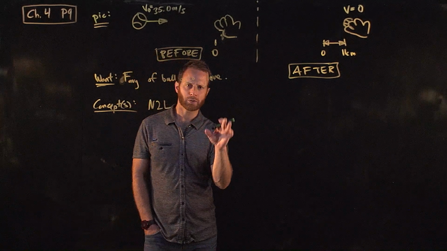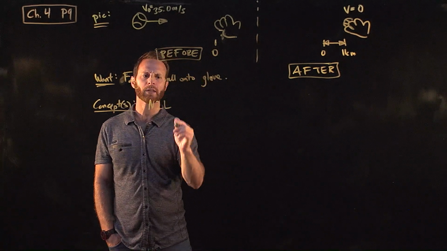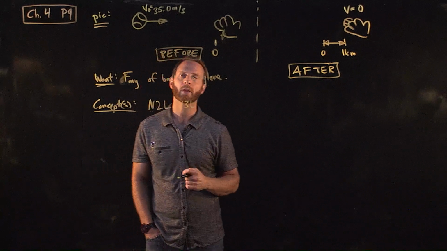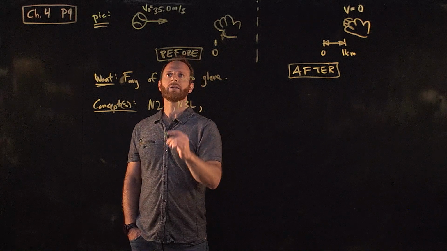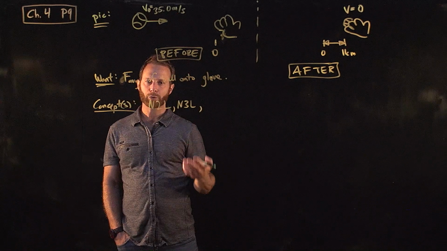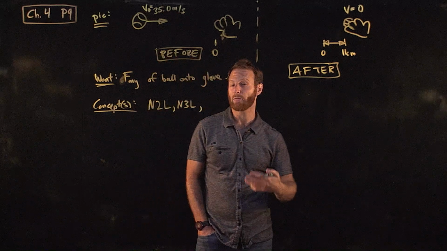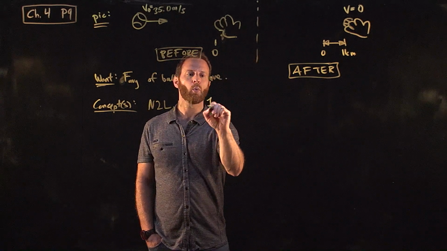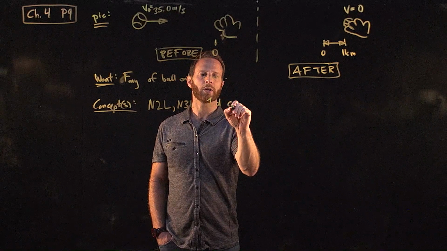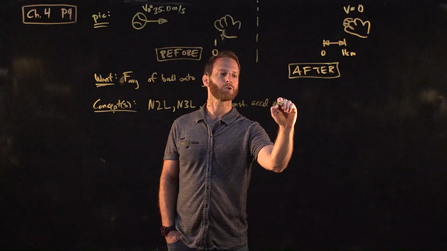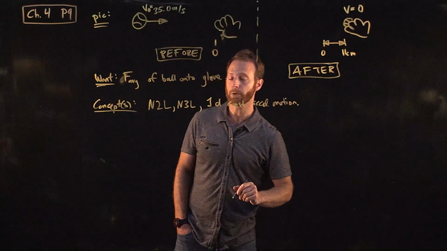We're talking about forces of one object onto another, so we might want to keep in mind Newton's third law as well. Whether or not we'll need it, I'm not sure. And then lastly, because we have an object moving in one dimension, we're asked to get the average force. That probably means we need an average velocity for an object that's moving in one direction. So one-dimensional constant acceleration motion. Constant accel motion. That should be pretty good.